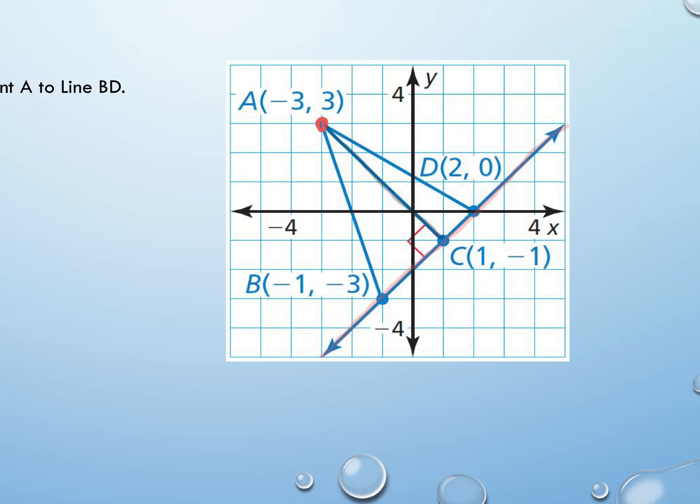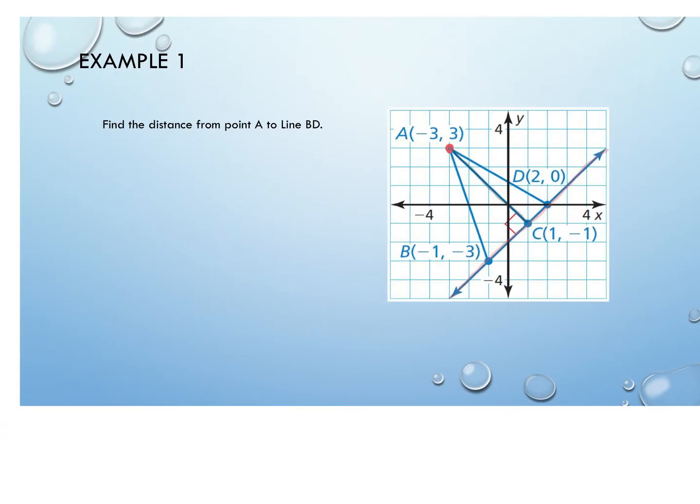Got it? Okay. Does anyone remember how you find the distance between 2 points? What is it, Cody? It's the square root of, Mario? X2 minus X1. Square it. Yep.